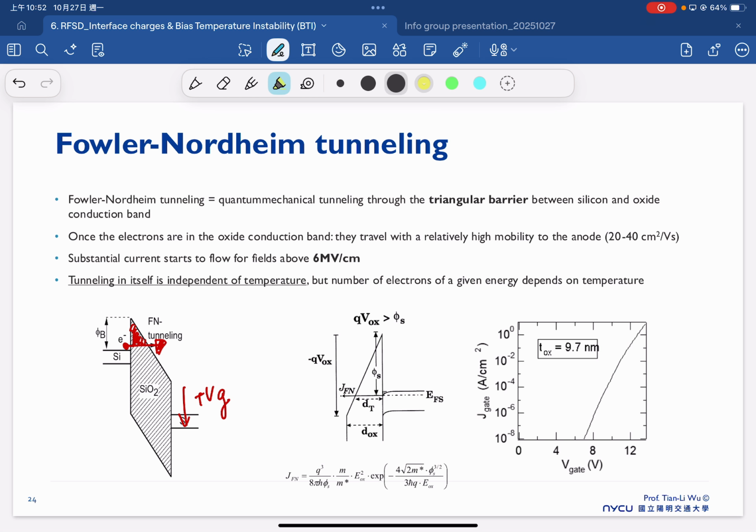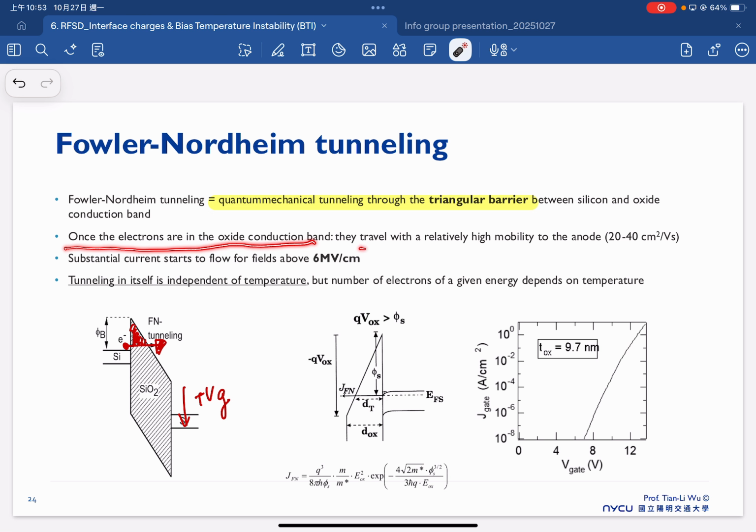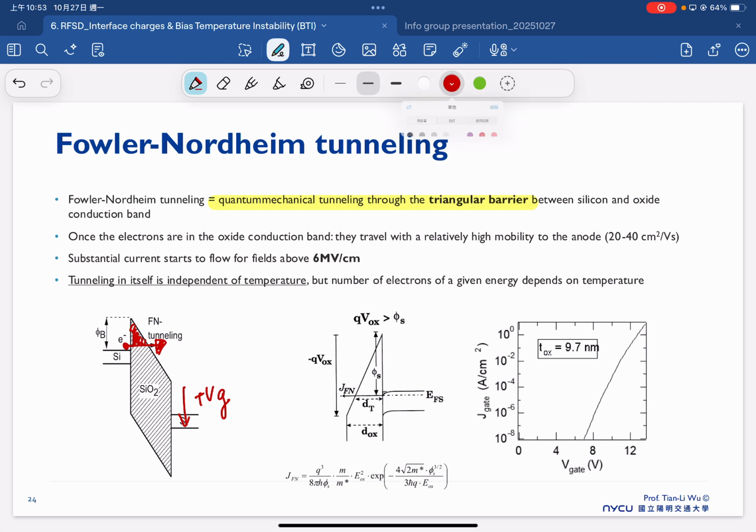FN tunneling is quantum mechanical tunneling through the triangular barrier between the silicon and the oxide conduction band. Once the electron is in the oxide conduction band, it travels with relatively high mobility to the anode. This is the region we consider as the anode.